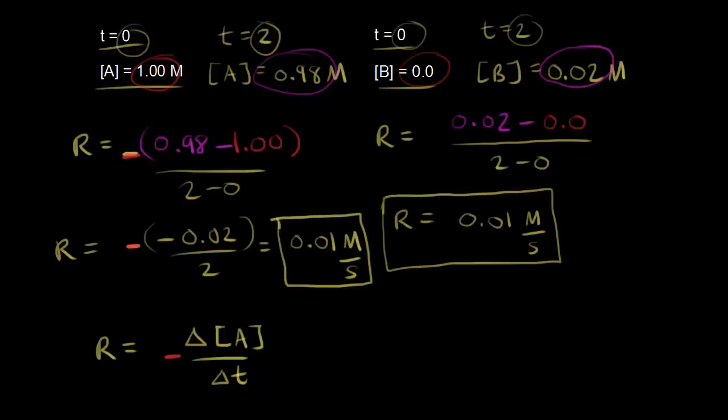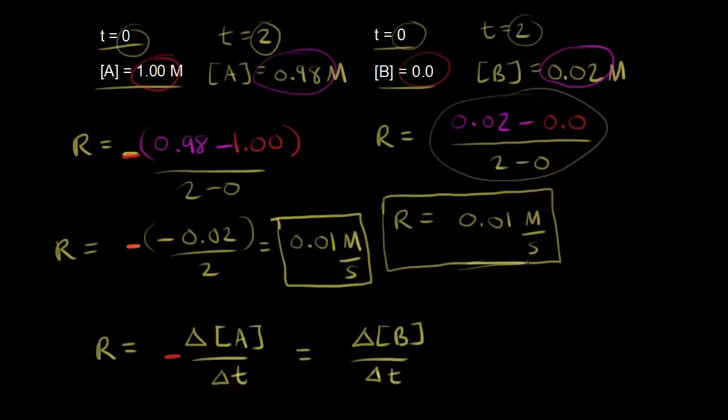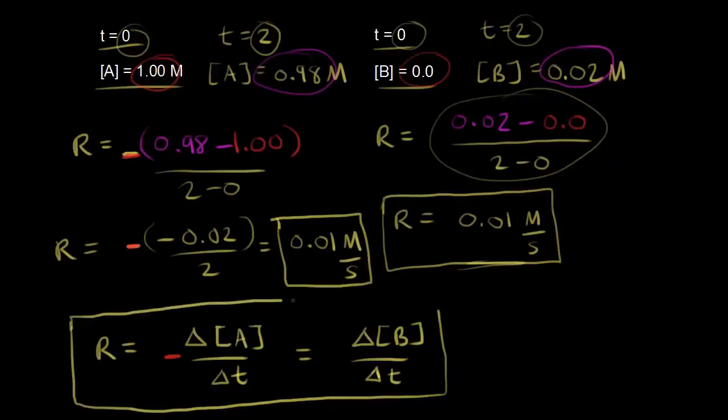So the rate is equal to the negative change in the concentration of A over the change in time, and that's equal to the change in the concentration of B over the change in time. And we don't need a negative sign because we already saw in the calculation that we get a positive value for the rate. So here's two different ways to express the rate of our reaction. Here I just wrote it in a little bit more general terms.